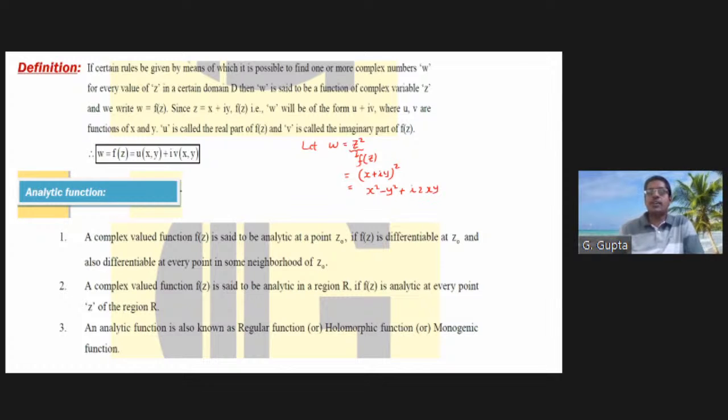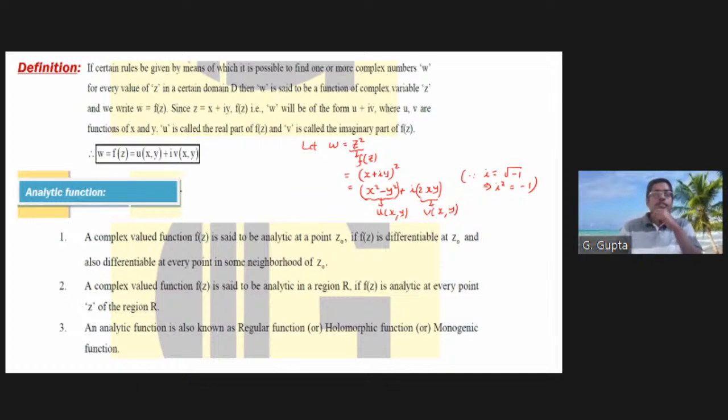I can put X square minus Y square for one bracket and 2XY for another bracket, since I is equal to square root of minus 1 implies I square is equal to minus 1. So W is also a complex variable whose real part is denoted by U of X comma Y and imaginary part is denoted by V of X comma Y. So finally U and V are functions of X and Y.